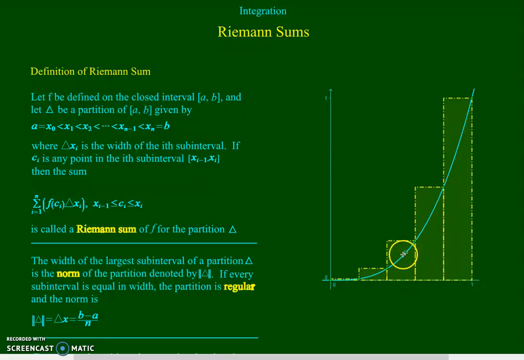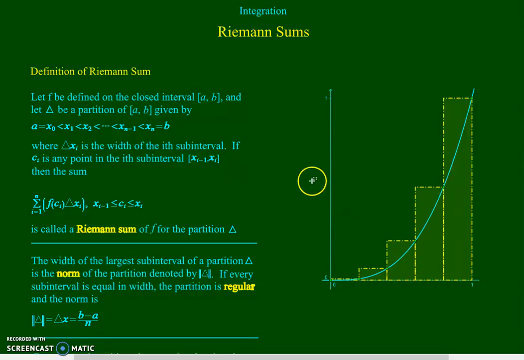It doesn't matter what point we choose in the subinterval to evaluate our function at. In other words, what we use for the height of the rectangle. So those two things are central: the widths of the rectangles can be different, and the value we evaluate the function at within each subinterval can be different.